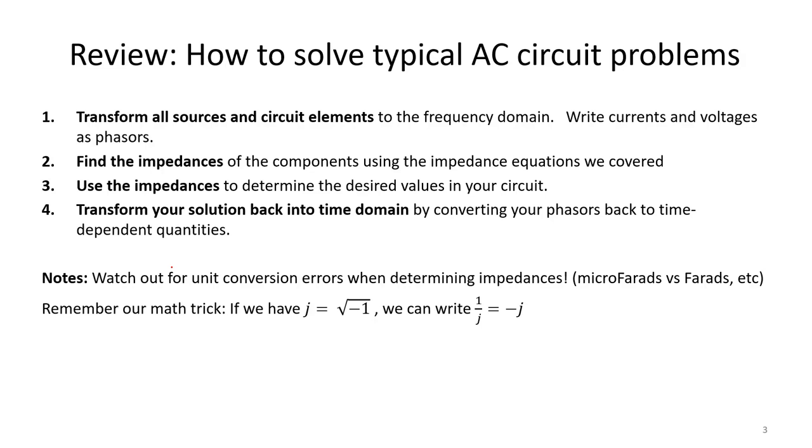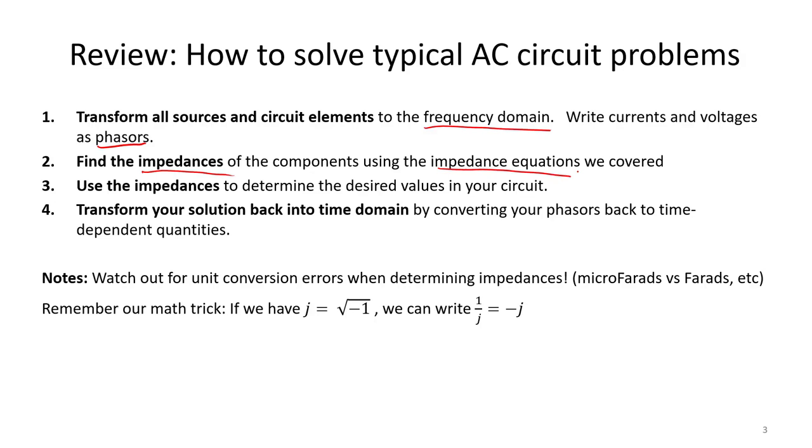So in our past few videos, we have learned how to solve typical AC circuit problems. Generally, we follow this procedure. We first transform everything from time domain into frequency domain. To do this, we write all our currents and voltages as phasors, and we need to find the impedances of all the components using our favorite impedance equations.